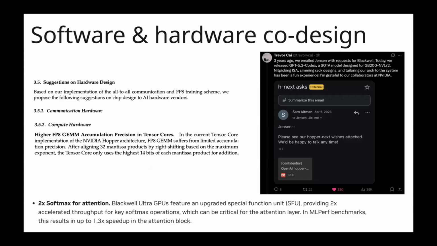So NVIDIA designed the kernels, the CUDA cores, the memory hierarchy, the sizes of the buffers, the caches, etc., everything considering the requirements from their biggest customers, including OpenAI, no doubt, Anthropic, Google, etc. Other key players are also affecting the decisions that NVIDIA is making.